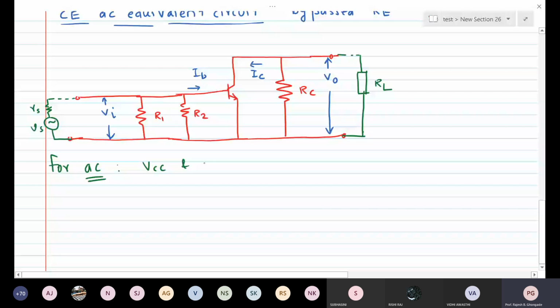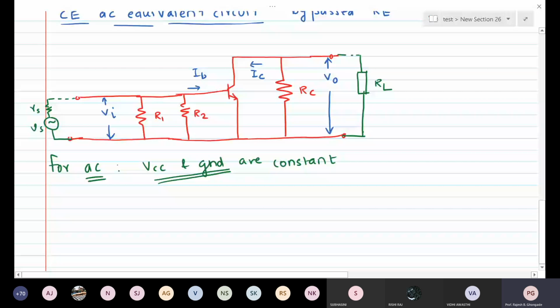These values are constant. Agreed? VCC and ground are constant. Yes, sir. Okay. So as far as the AC signal is concerned, they are one and the same. For an AC signal, whether it is VCC or ground doesn't make any difference because they don't change at all. They are constants.